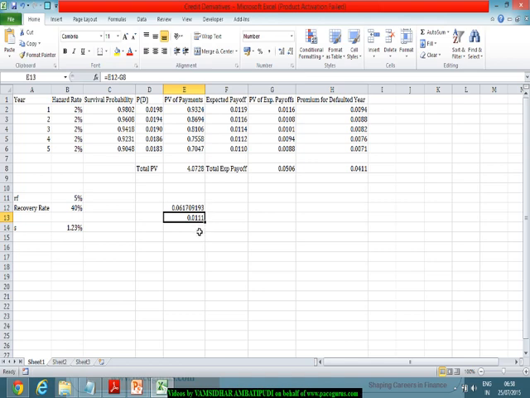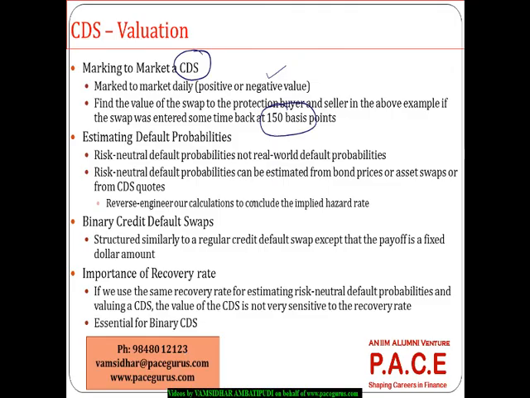So value-wise, for the seller it is to the extent of 1.11% of the principal, whereas it is minus 1.11% as the value to the buyer. So that's the way the traditional mark to market valuation happens on a credit default swap.